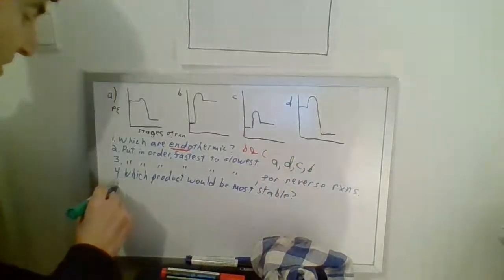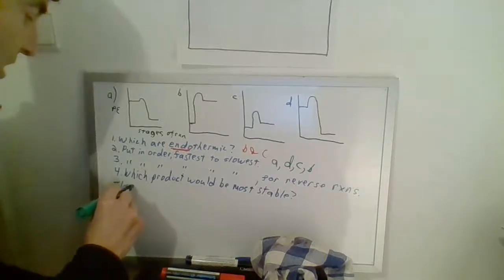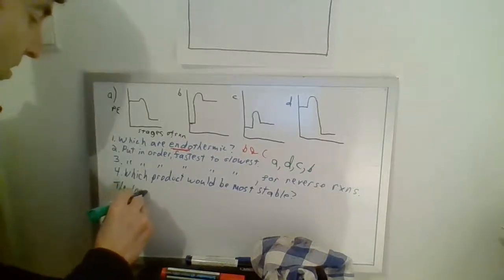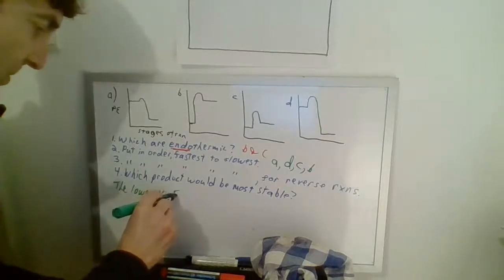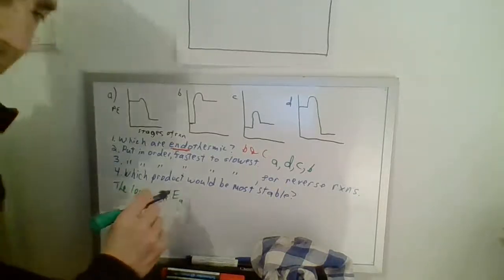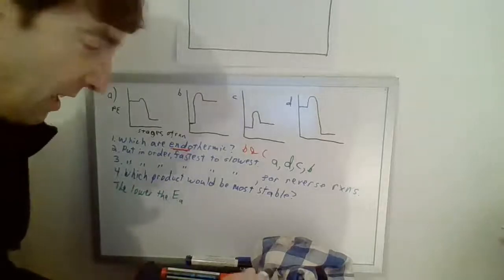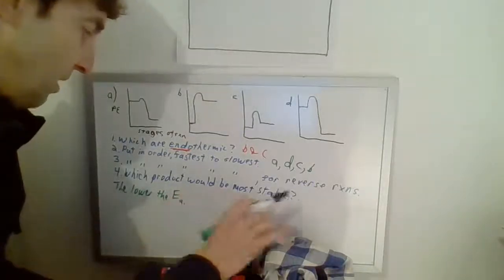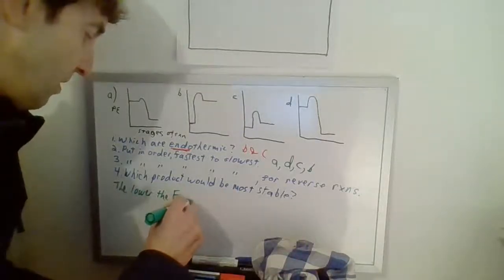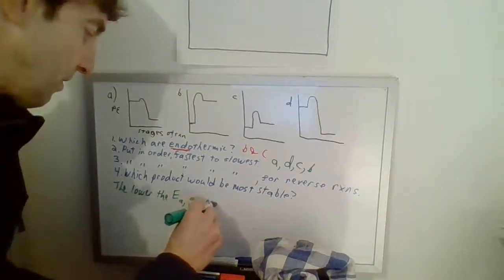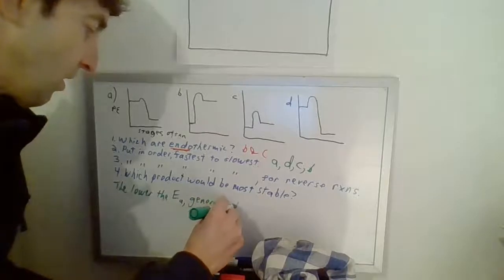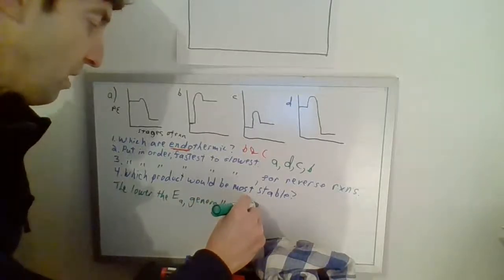Okay, so the lower the activation energy, EA, we agreed is going to be our abbreviation for that, generally the faster the reaction.